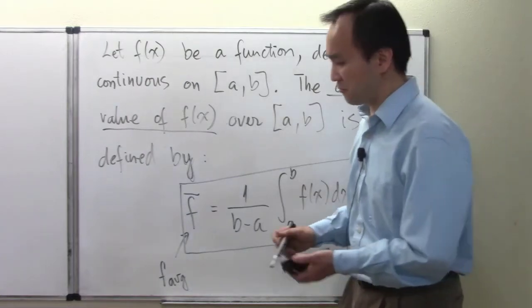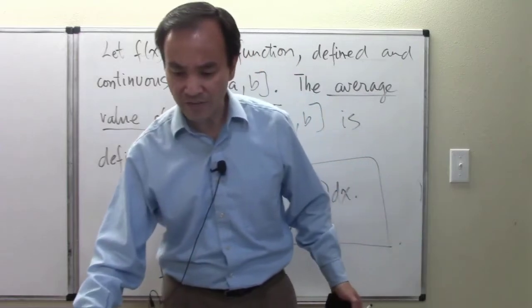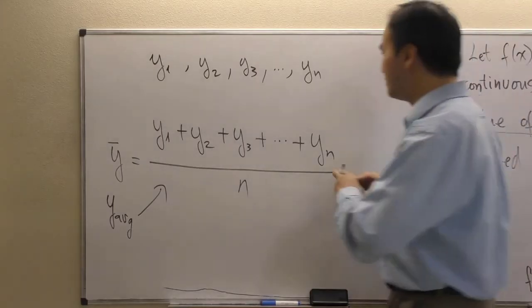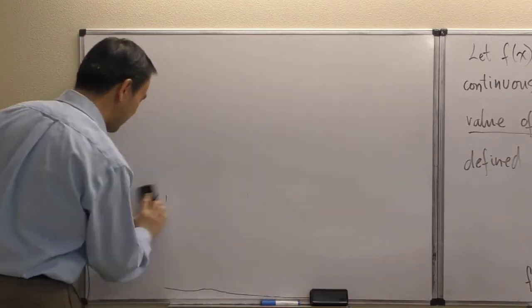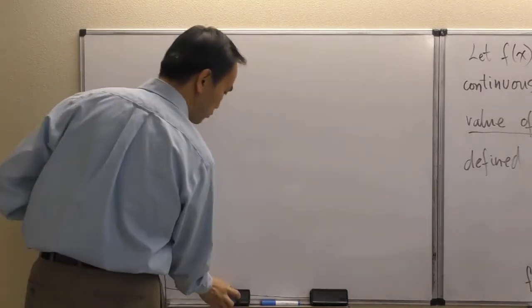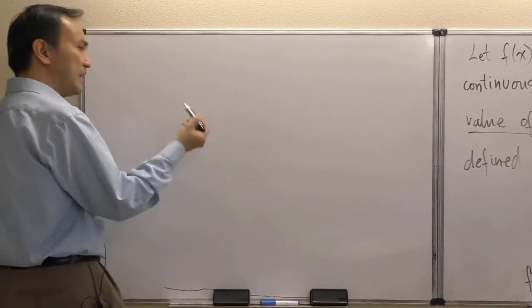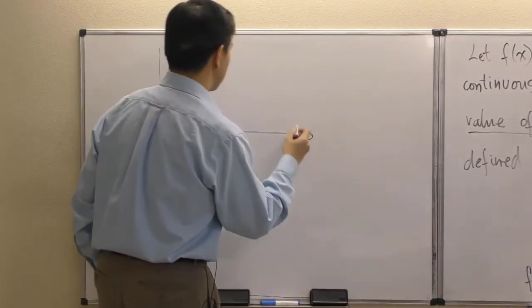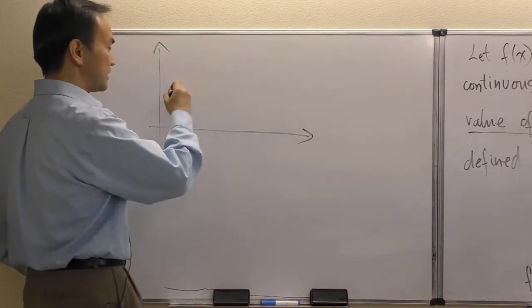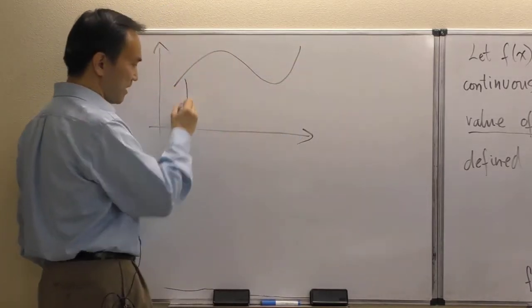All right, so what's the meaning of an average value? Why do we bother knowing about average value? At least geometrically, I can explain right now: we have a function from a to b.